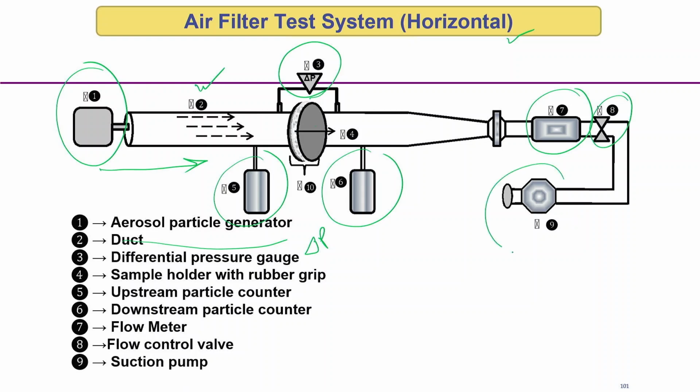So, the suction pump is running, and through the controller we can change the air flow rate. And then the test media, whatever filter fabric we have used, and in this system we can use any thickness. So, a very thick nonwoven can also be used or any other medium.